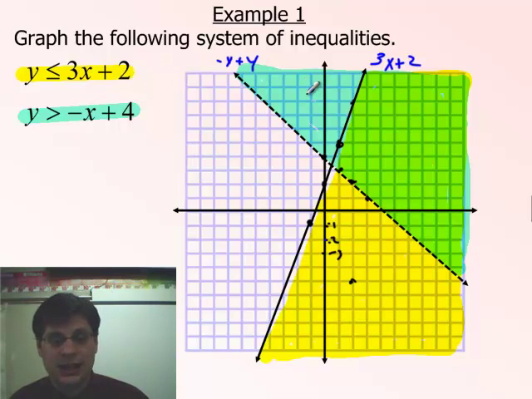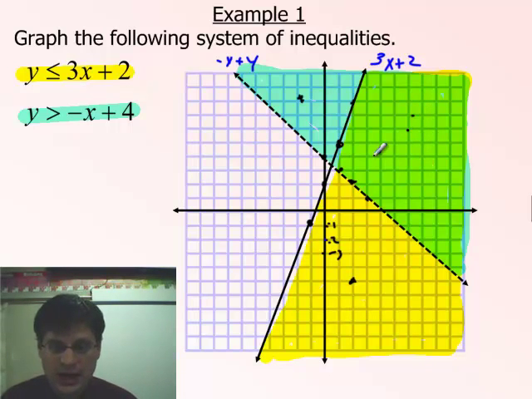And anything in this blue region is going to be a solution for this one. If I pick just this point here, it'll get a true statement for the yellow one, but it won't work for the second one. And if I pick a point up here, it will be a solution for the second inequality, but it will not work for the first. So your solution region to the system is any point in this green area.